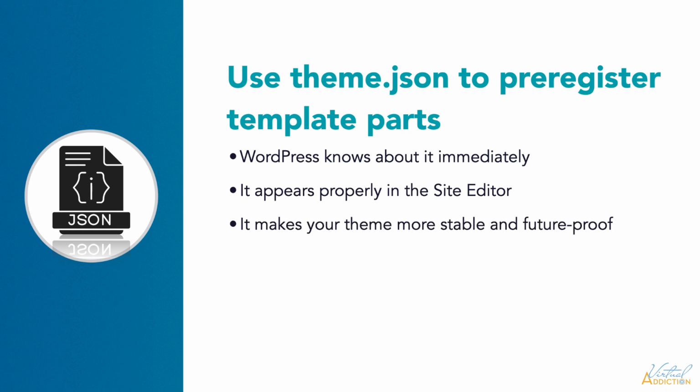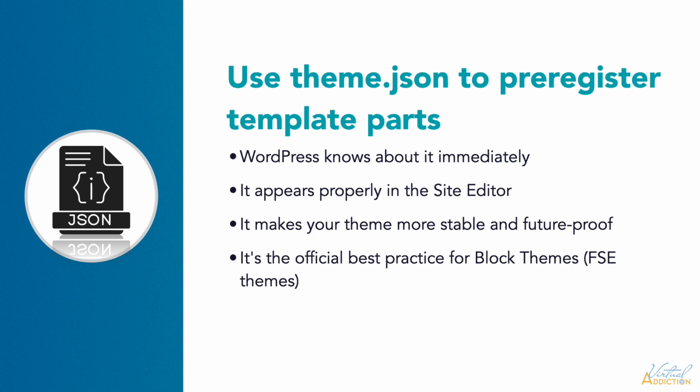In addition, it makes our theme more stable and future-proof. WordPress is heavily moving towards structured themes, so using theme.json makes sure that the theme works in the same way today and in future WordPress updates, and that the site editor has all of the data it needs without any extra guessing.